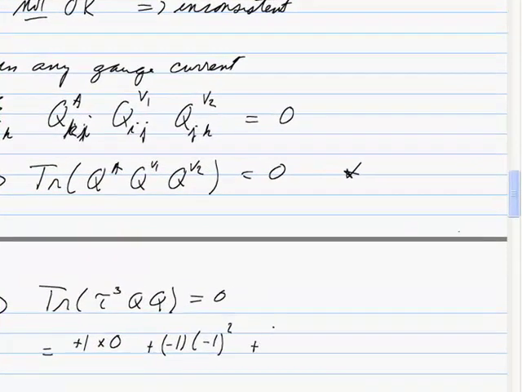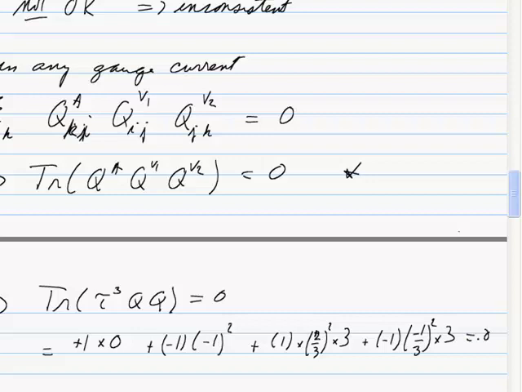But if you add in the quarks, the plus component here is the up quark, so it's 2/3 squared times 3, because there's 3 colors of up quarks, plus minus 1, minus 1/3 squared times 3. 4/3 minus 1/3, minus 1, adds up to 0.